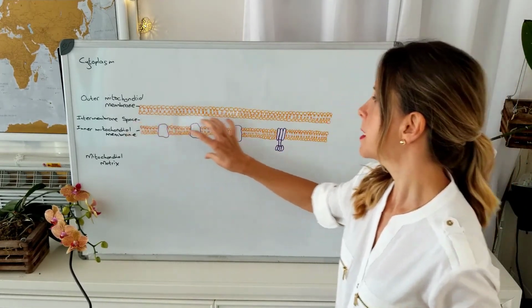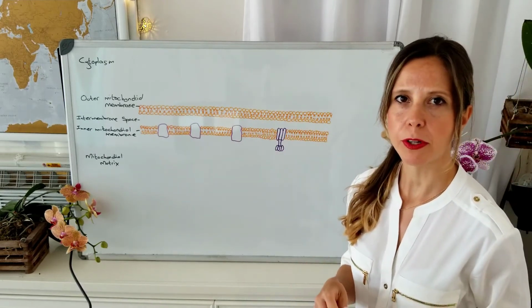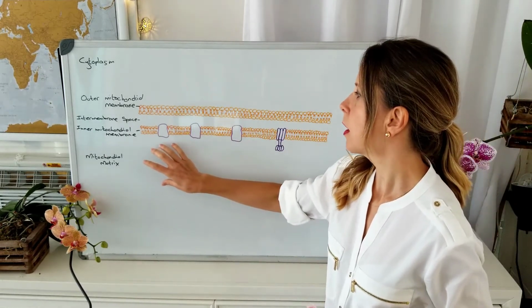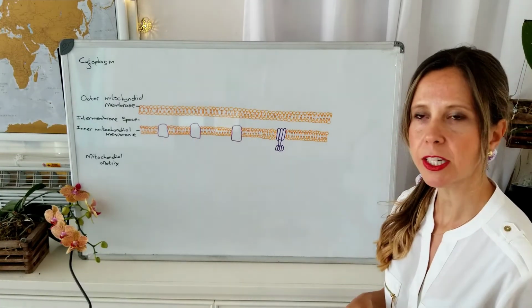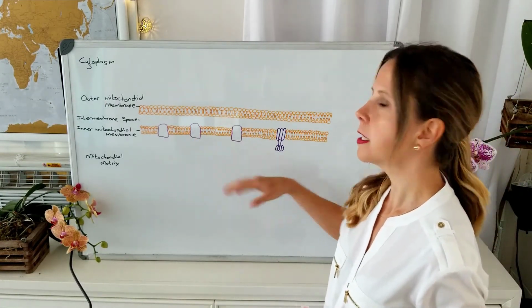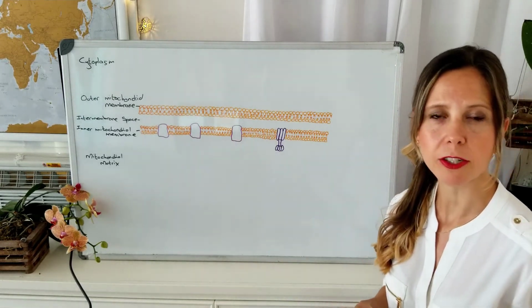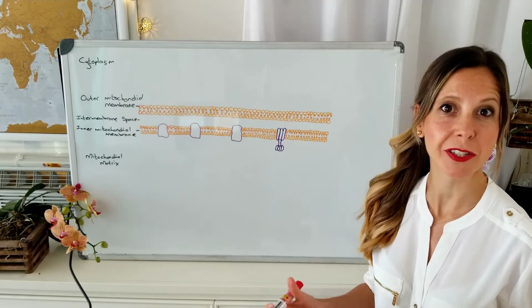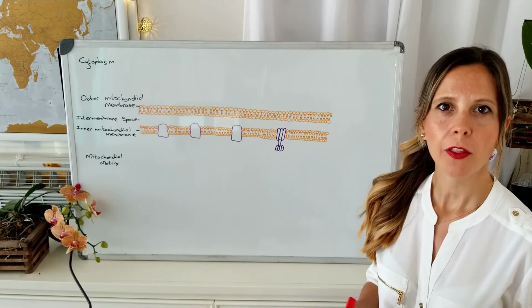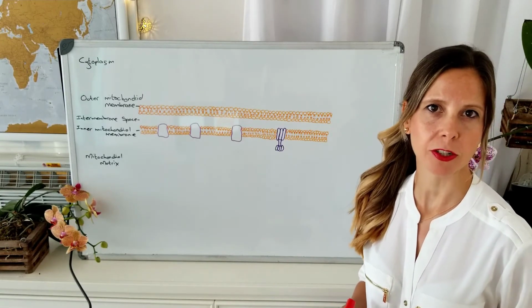Embedded in that inner mitochondrial membrane, we have a series of proteins. And these proteins are going to transfer electrons from one protein to the next using redox reactions until those electrons ultimately end up on our final electron acceptor, which is oxygen. So firstly, we need to get electrons to this electron transport chain. Those electrons are going to come from electron donors.